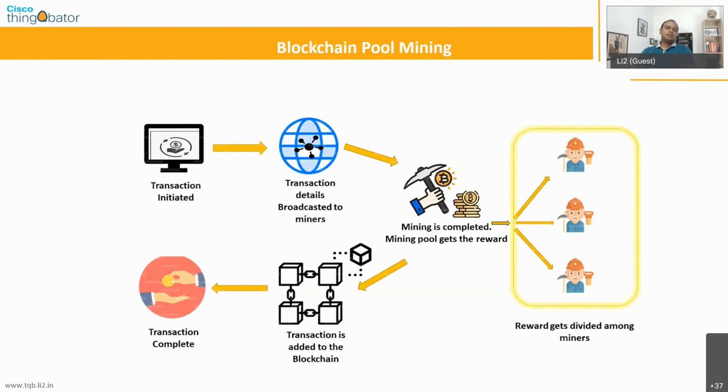Once the block is created and sent into the blockchain, it has to be propagated across the whole network. If I am part of a pool, the pool has to send that new block to the rest of the network, telling them that this new block has been created by me and I was the fastest to do that. So the moment six or more nodes get a copy of that block and accept it, the transaction is termed as completed. This is how a simple mining operation looks.